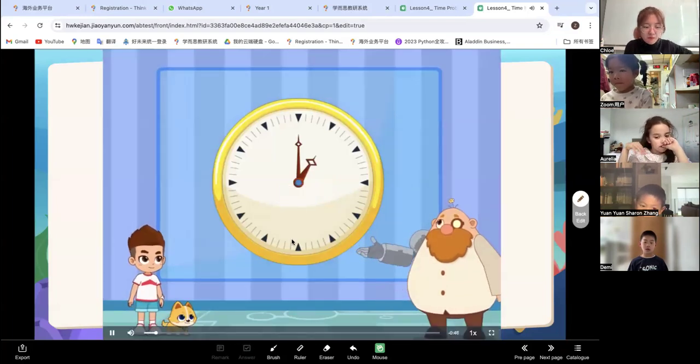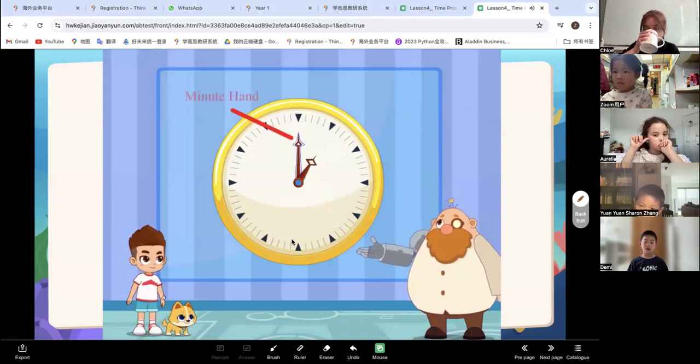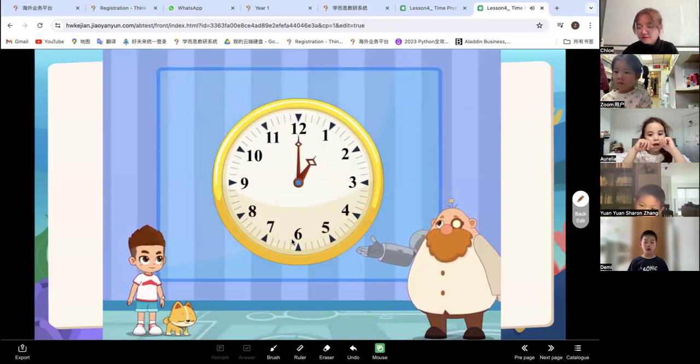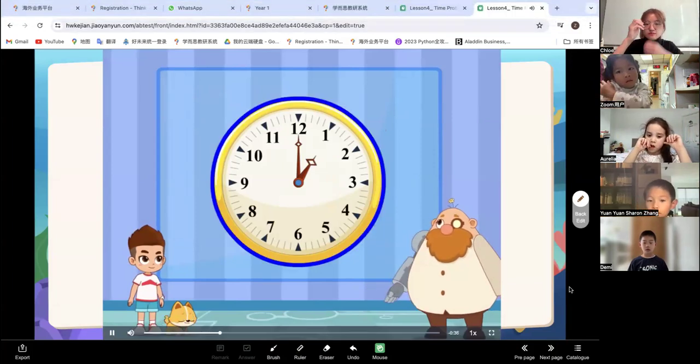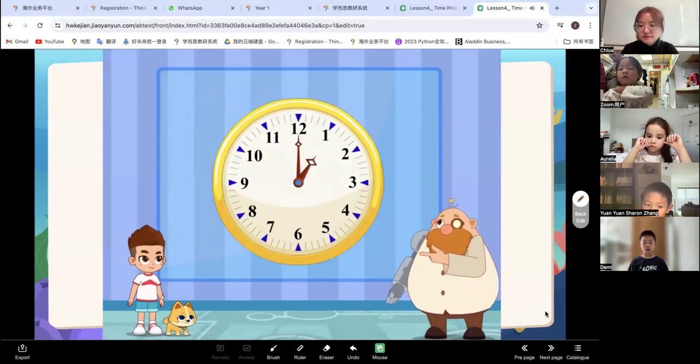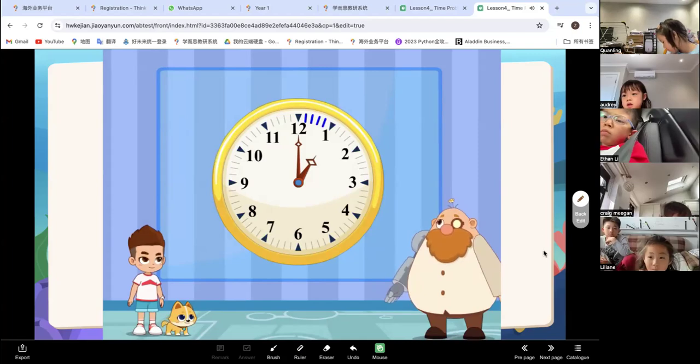This is the clock face. The short one is the hour hand, and the long one is the minute hand. Here are 12 numbers. The circle on the clock face is divided into 12 equal large sections. Each large section is divided into 5 equal smaller sections.